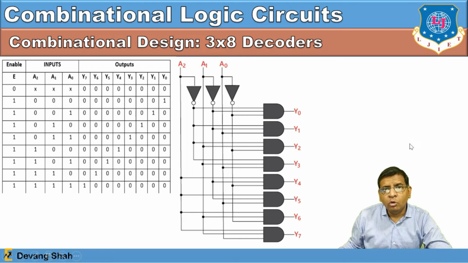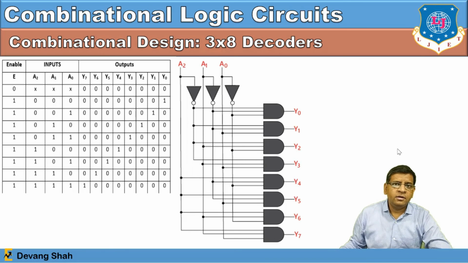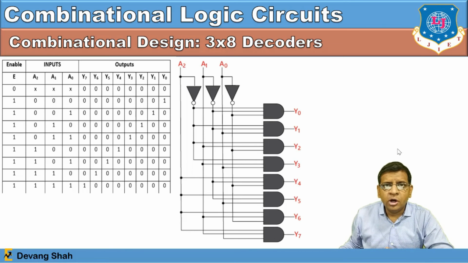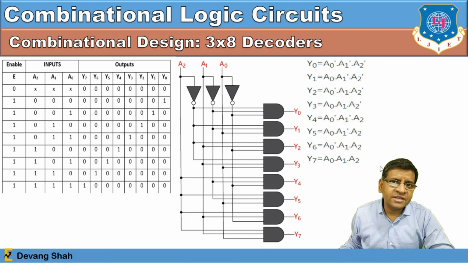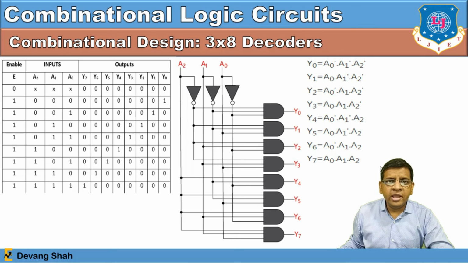Normally, all these digital circuits are used for combinational purposes, where whenever you have to select a specific channel, you use the multiplexer. If you want to decode information, then the boolean function of Y0 is A2 dash, A1 dash and A0 dash, and in that way up to Y7, which is A0 into A1 into A2.